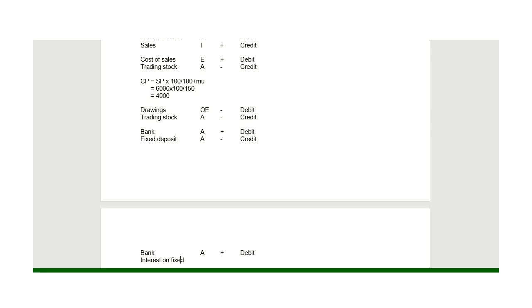That is money that we receive immediately, which means it's an income. And we'll have more income because we received more. Income gets more on the credit side. So there's two transactions for this one. First one is between bank and fixed deposit. So let's put it in.